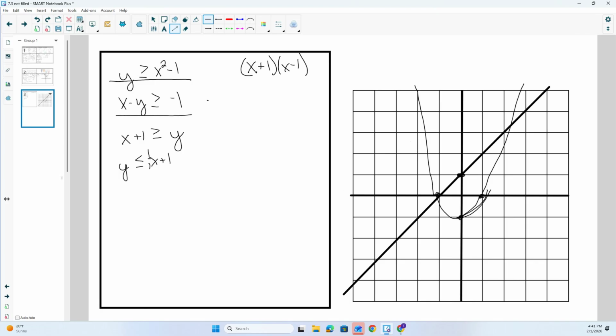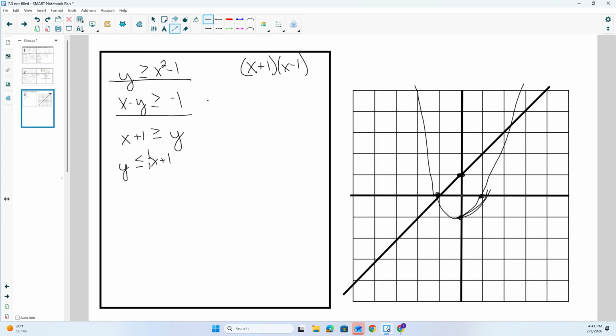If we're just graphing this, and I want to know what the set is, I need to pick a point.